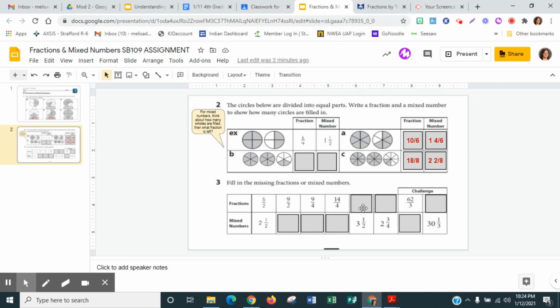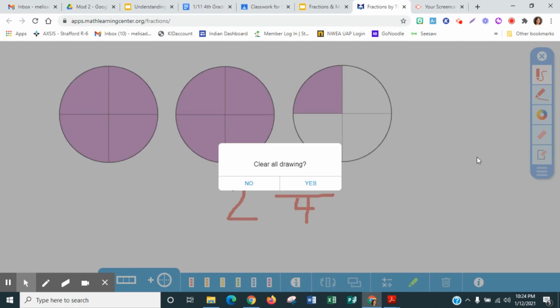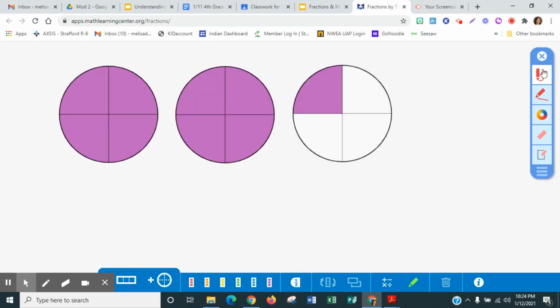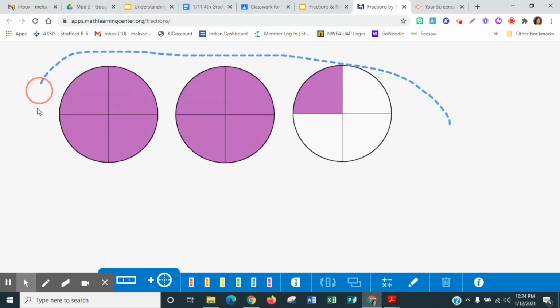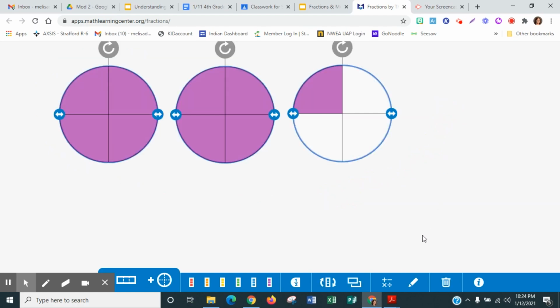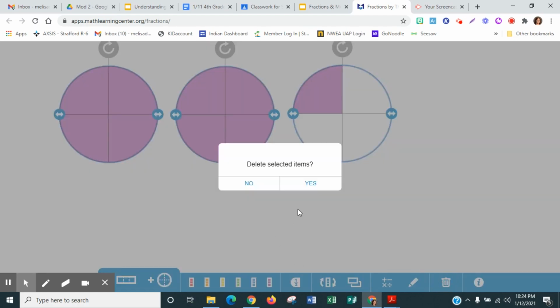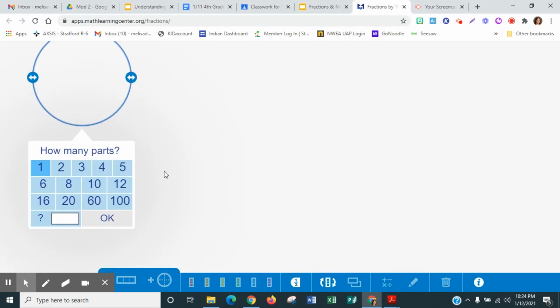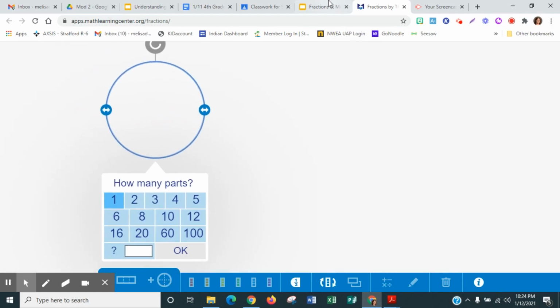Let's do this one. So now we've got the mixed number. That's what they're giving us. And we have to come up with the fraction, the improper fraction. So it's 3 and 1/2. So let's create 3 and 1/2. So that means that we are working with halves.